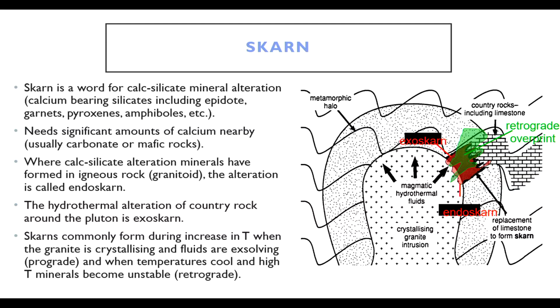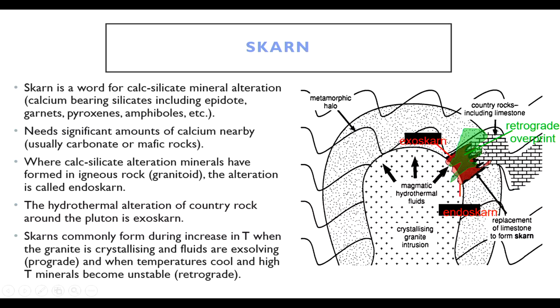And they might move in things like aluminium, maybe some iron, maybe some magnesium and things like this. And then that enables these minerals to form, like garnet, pyroxene and amphibole, depending on the pressures and temperatures of the system.